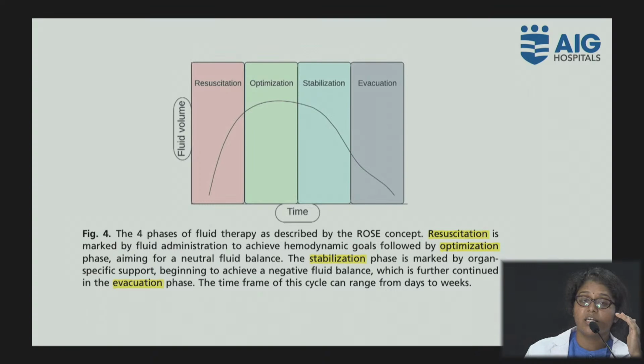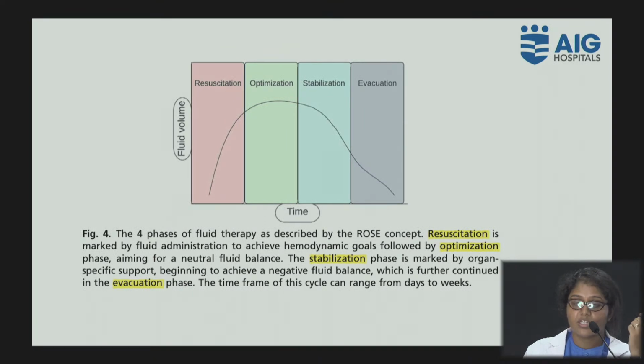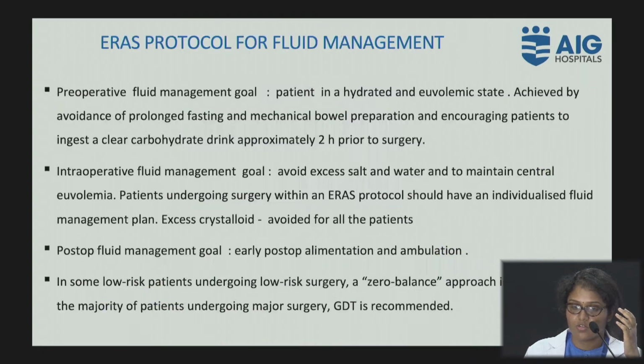In stabilization phase, from the neutral fluid balance, we'll go to a negative balance. And in evacuation, we go for an aggressive negative balance therapy by employing our renal replacement therapy and diuretics. It is also hypothesized that this perioperative deresuscitation favors the recruitment of microcirculation.